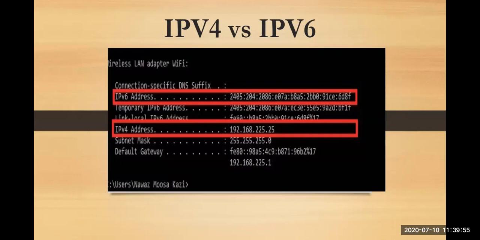Next, IPv4 uses ARP, that is nothing but Address Resolution Protocol, to map MAC addresses. Whereas IPv6 uses NDP, that is nothing but Neighbor Discovery Protocol, to map MAC addresses.